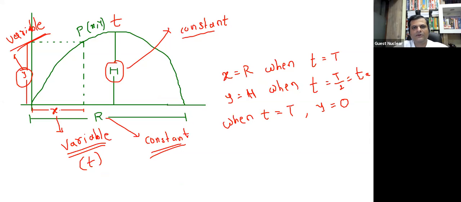Yes. Okay, so now let us see the next article in this chapter, that is, we have to derive the equation for the trajectory of the projectile.